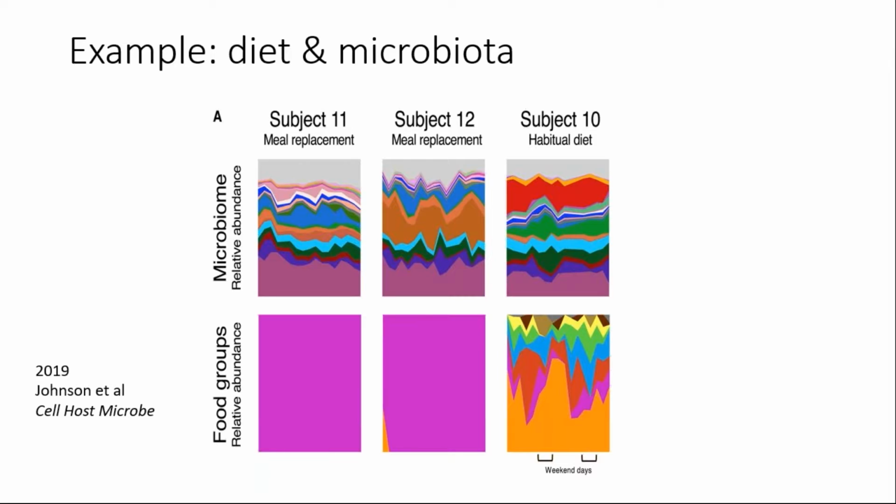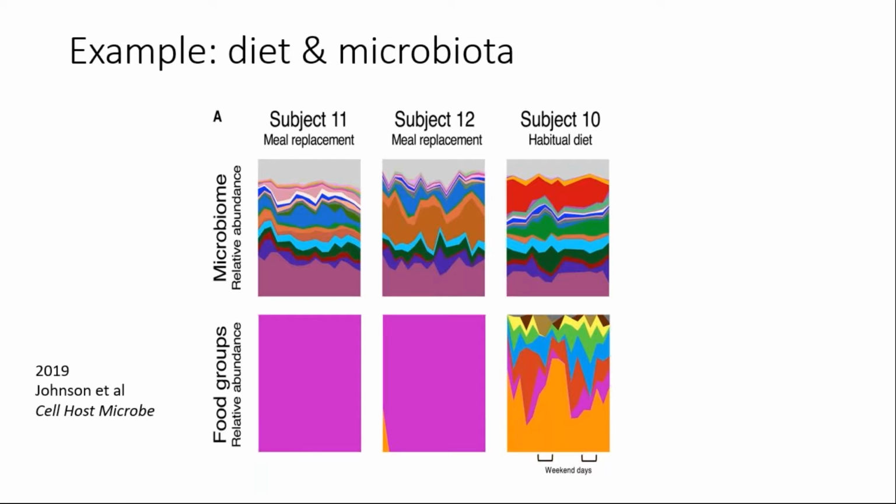And even if the diet is not varied, even if the diet is a monotonous diet of just a food supplement, so this I think they said was an Ensure supplement, I'm not sure, but it's just a drink that contains defined nutrition. And two of these individuals, subjects 11 and 12, consumed that meal replacement and didn't consume anything else.